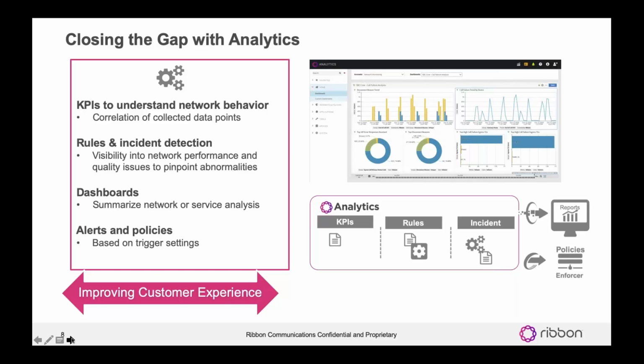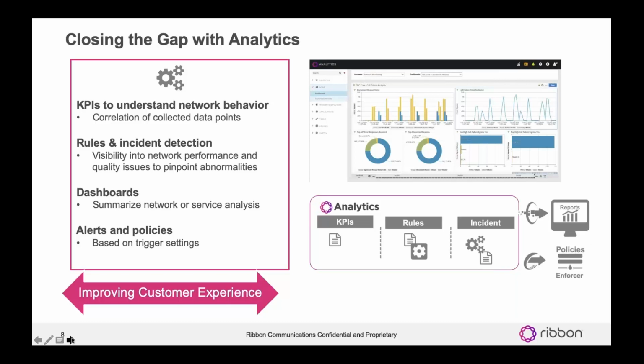How do you know where to go and pinpoint different types of issues? How do you know that you have a quality of service issue within a certain segment of your network? And this is really where you need to build some type of indication rule set or tools to be able to look at that network and then be able to promote any type of incident and detect those.